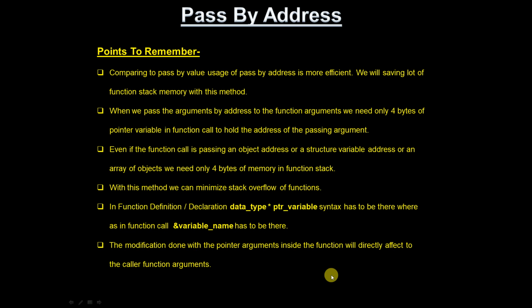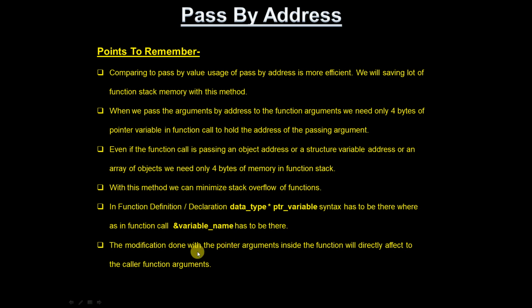Okay. Now, in function definition or declaration, what we have to write is data type star pointer variable. This has to be present in the function definition or function declaration, whereas in the function call, the address of the variable name has to be there.